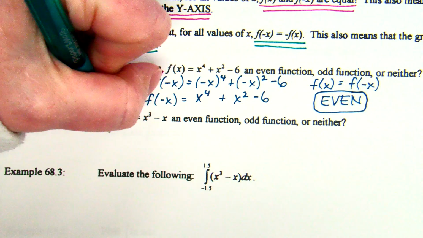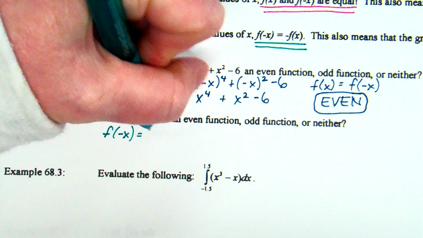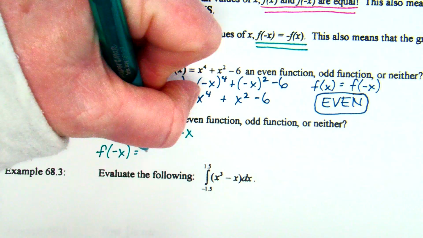Okay, we're doing this algebra, plug in negative x. So I'm going to have negative x to the third minus x. What is negative x to the third? Negative x to the third.